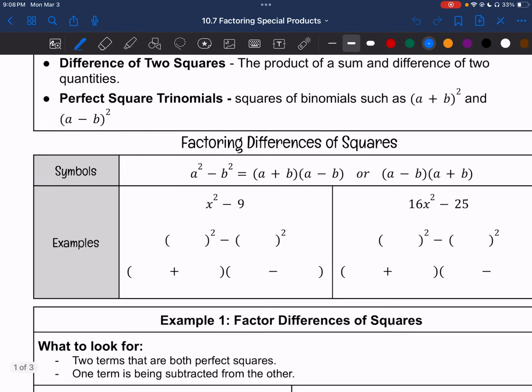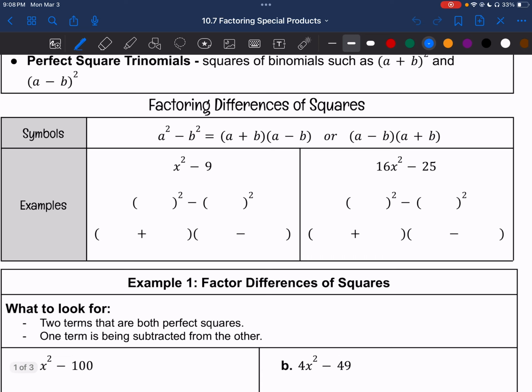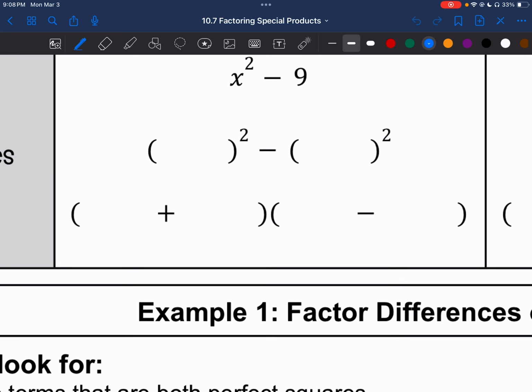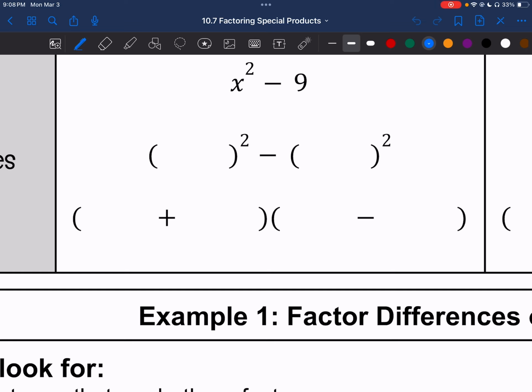So let's look at the factoring of the differences of squares. We've got a squared minus b squared, and that equals a plus b times a minus b, or a minus b times a plus b, right? Because we can rewrite those based on the associative property of multiplication. So we've got x squared minus 9. What we're looking for is two terms that are both perfect squares.